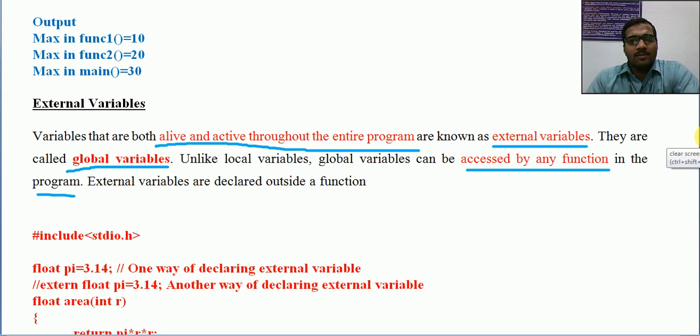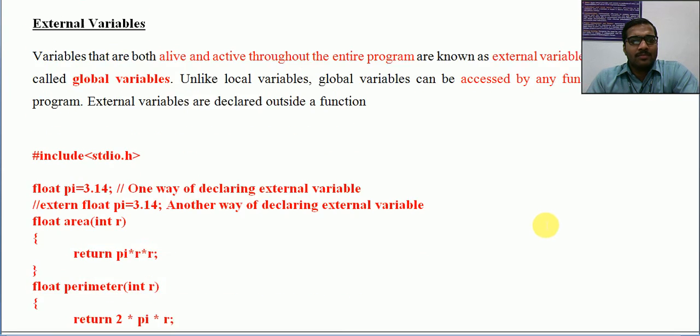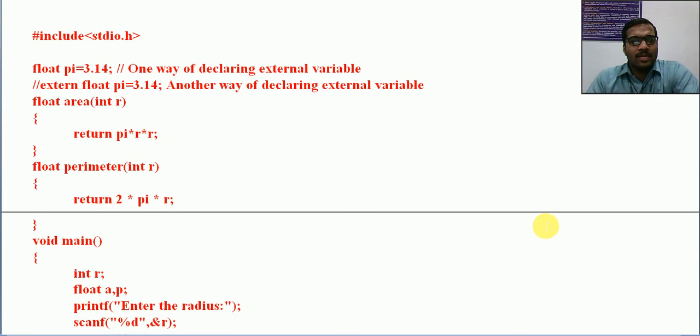Now let us see one example where we are using this external variable concept. There are two ways in which we can declare an external variable. One is just above all the functions, directly you declare a variable like float pi. Then if you want, you can assign some value.